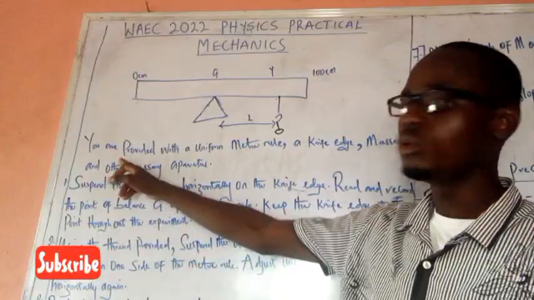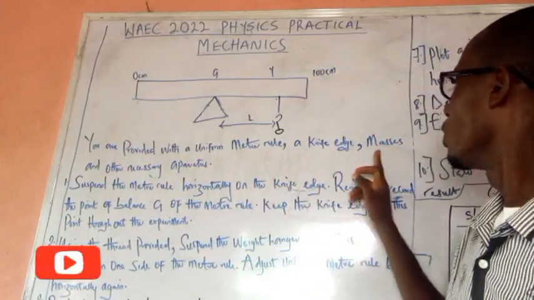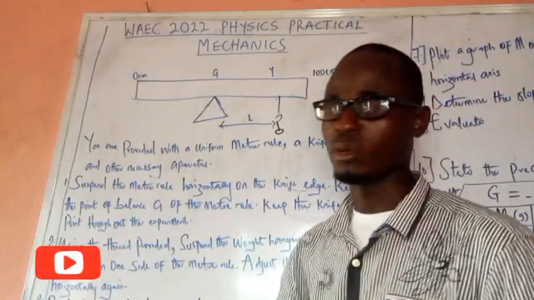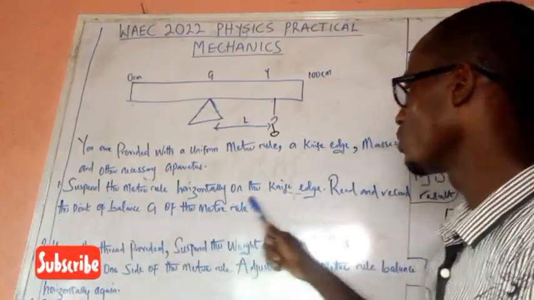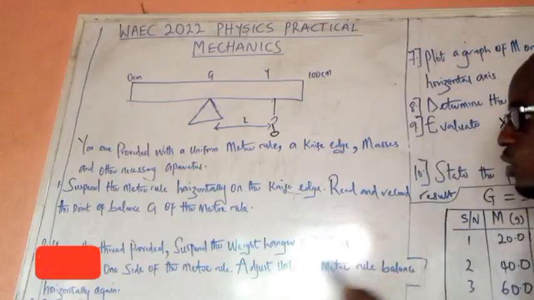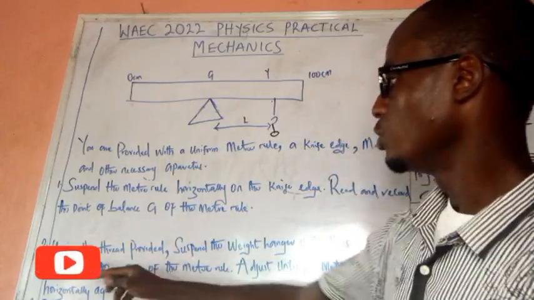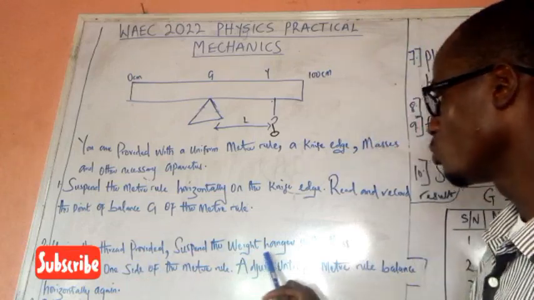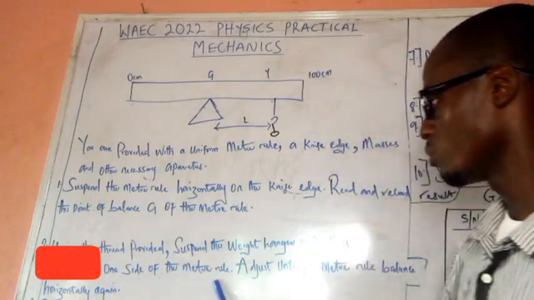Let's read. You are provided with a uniform meter rule, a knife edge, masses, and other necessary materials. The first step is to suspend the meter rule horizontally on the knife edge. Read and record the point of balance G of the meter rule. Now, using the thread provided, suspend the weight hanger with mass M equals 20 gram on one side of the meter rule.